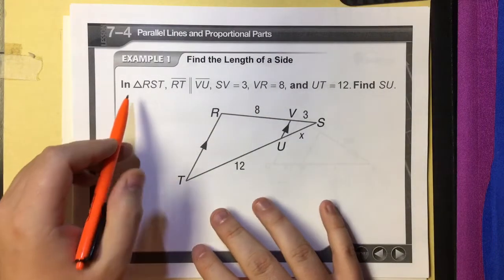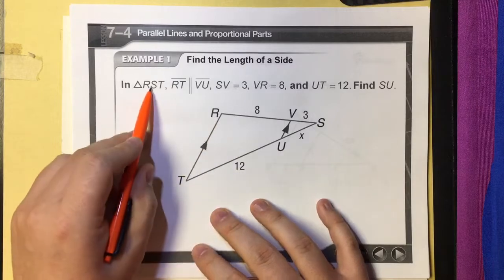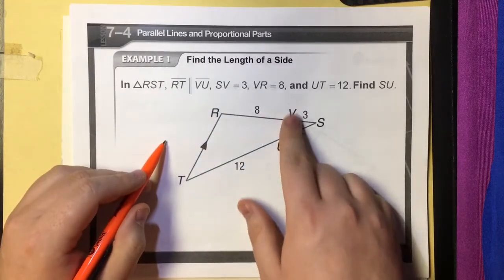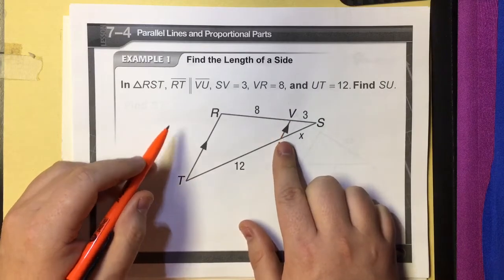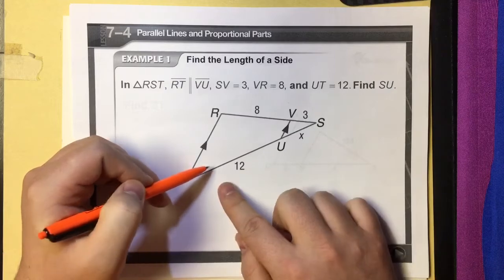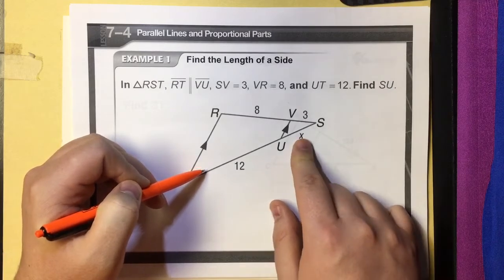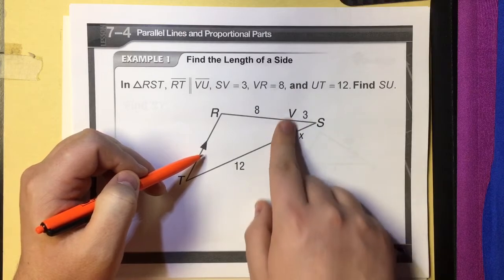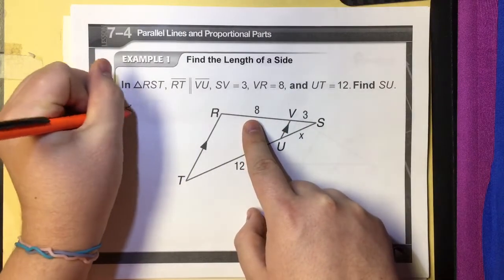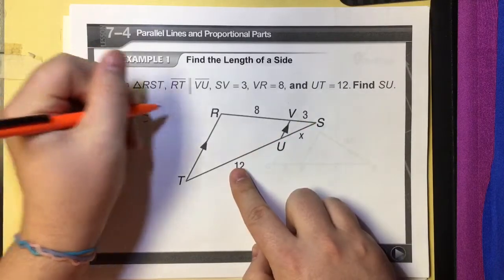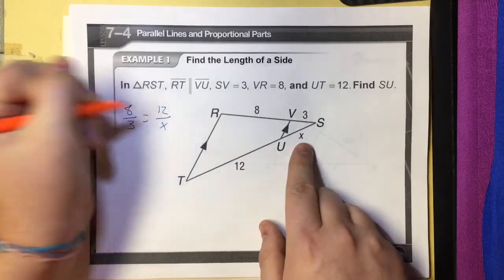So right here, it says that RT and VU, this side and this side, are parallel. So here's a parallel line. It tells us SV is 3, VR is 8, UT is 12, and SU is what we're looking for. So again, I'm going to use this side as my fraction bar. So I'm going to do 8 over 3 is equal to 12 over x.